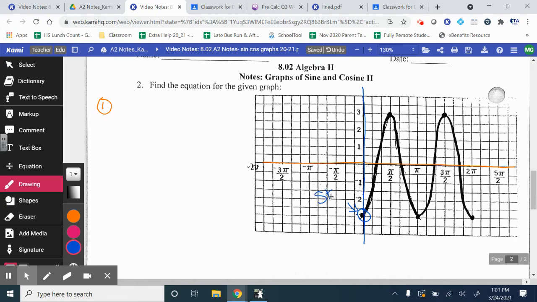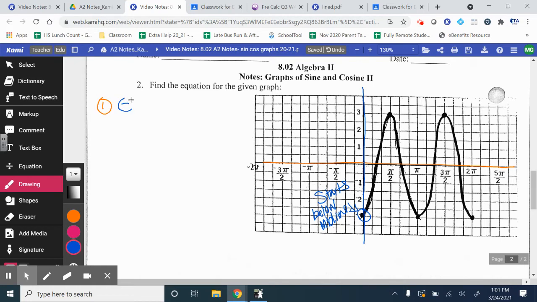So it starts below the midline. So that actually tells us 2 different things. Number 1, it tells us that it's cosine because it doesn't start at the midline, and that it's going to have a -a because it starts below the midline.